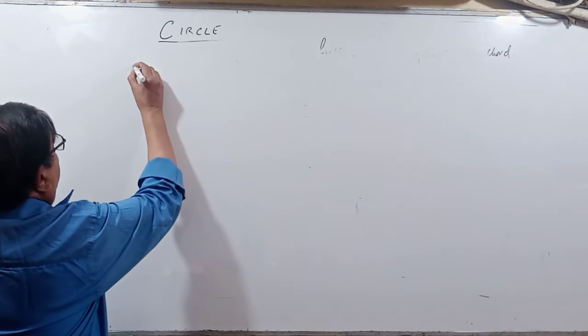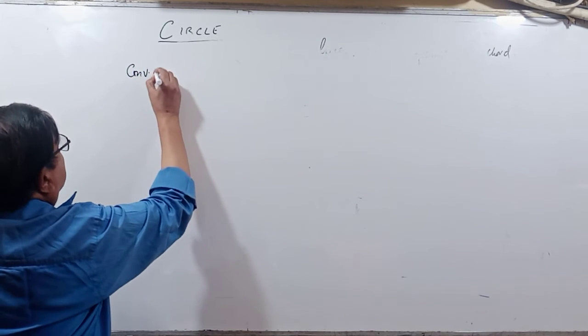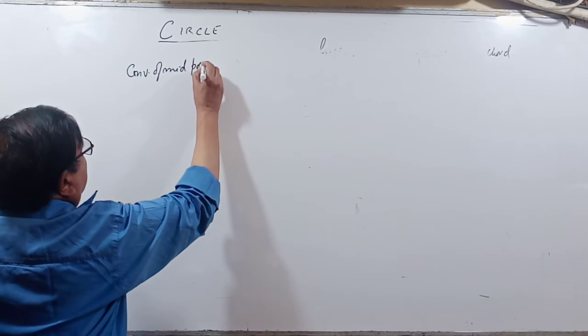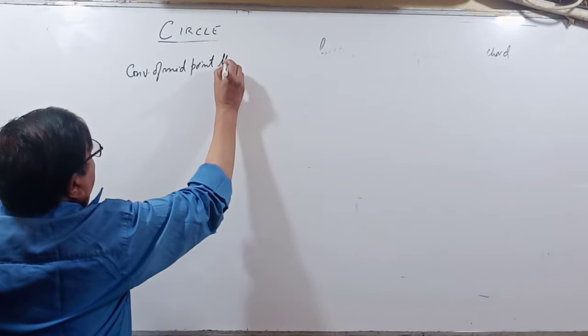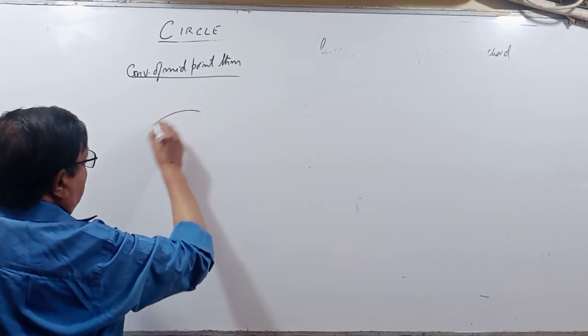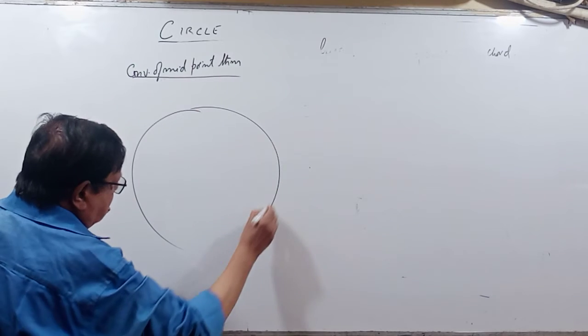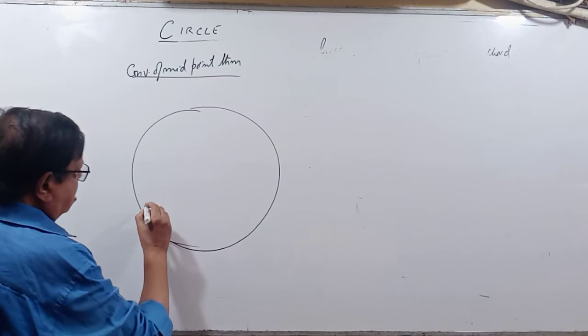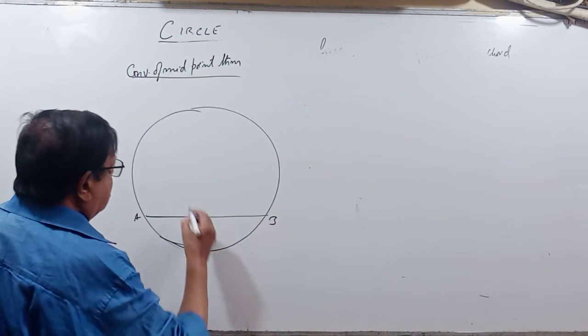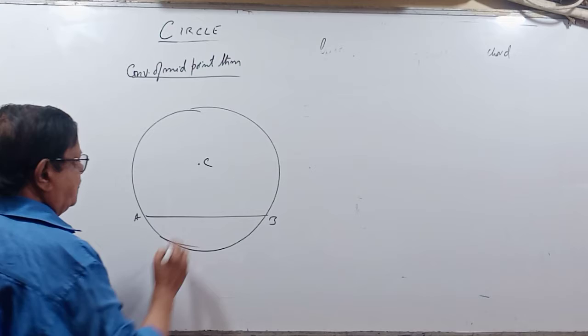Now, converse of the midpoint theorem. The previous theorem का converse. ऐसा एक सर्कल है, एक chord है इधर, let us say AB is a chord, C is the center.